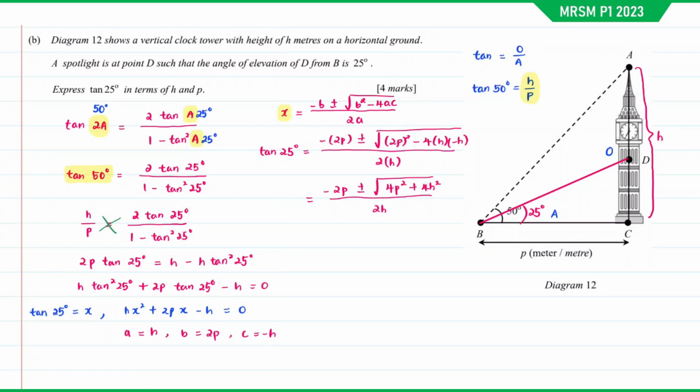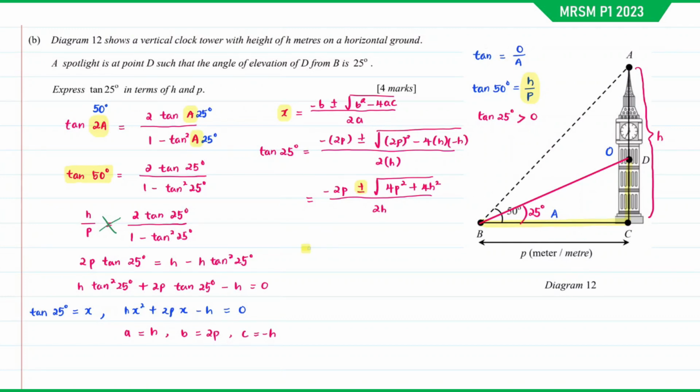Based on the diagram, tan 25 degrees is the length of CD divided by the length of BC, so the value of tan 25 degrees will be greater than 0. For tan 25, we have two answers: one is plus and one is minus the square root of b² minus 4ac. For the answer to be positive, we take the plus.